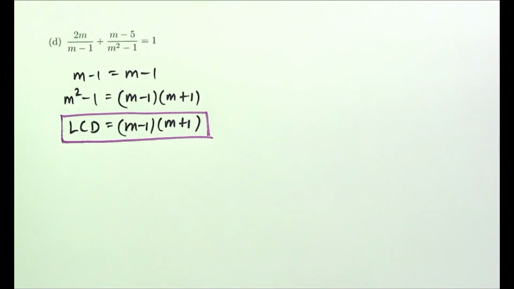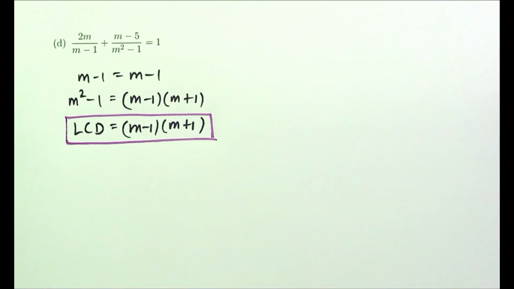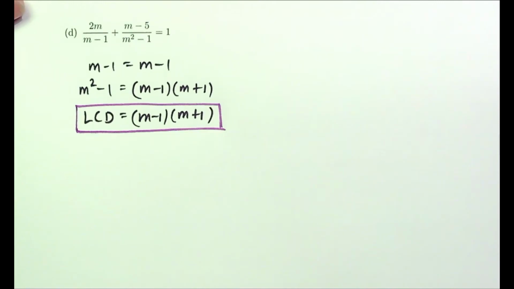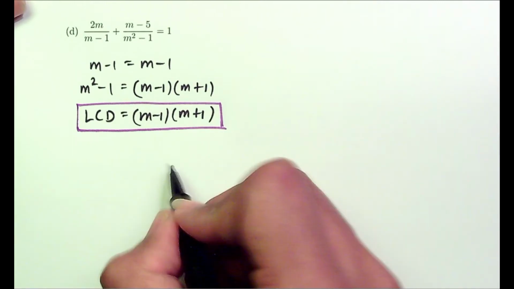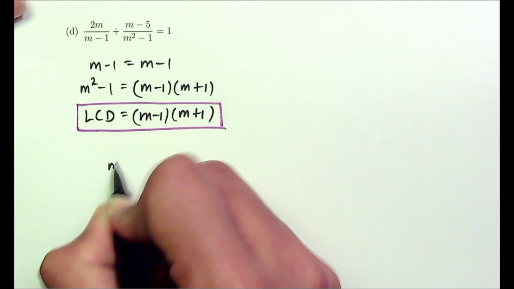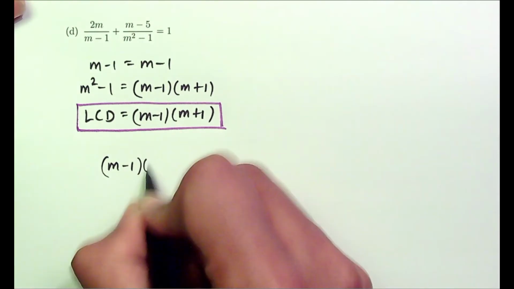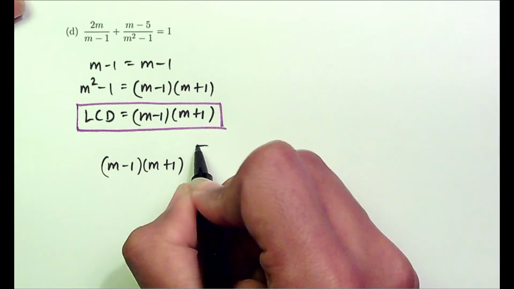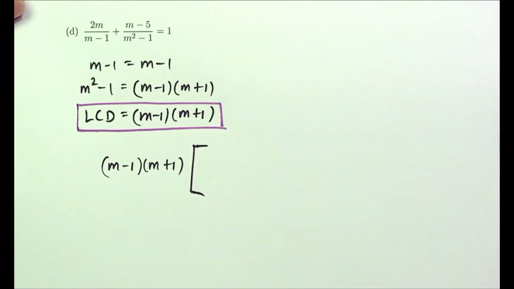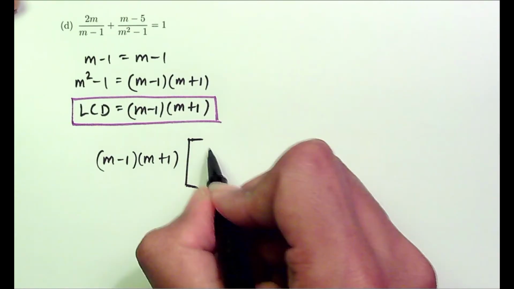Okay, so that is the LCD. Now we're going to multiply everything in this equation by that. So the left, m minus 1, m plus 1, and again, I'm just going to write it once like that because otherwise it's not going to fit.